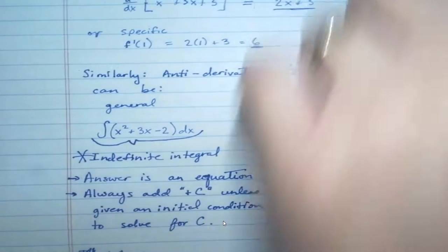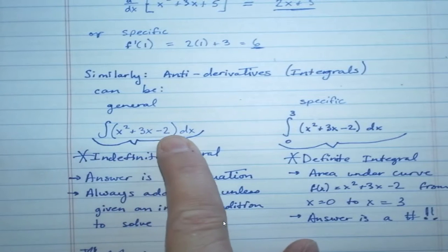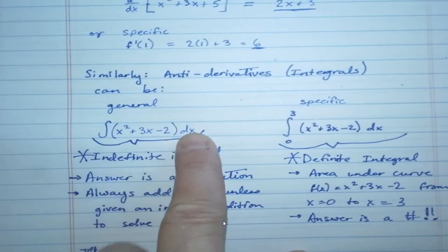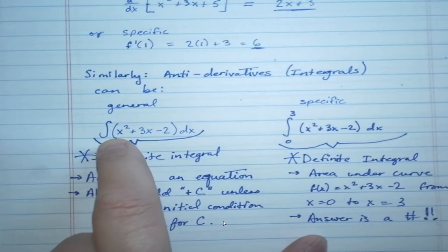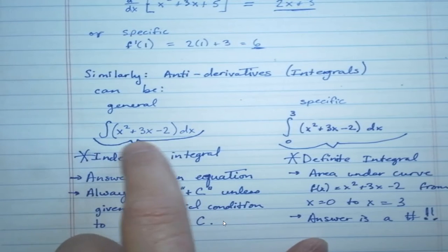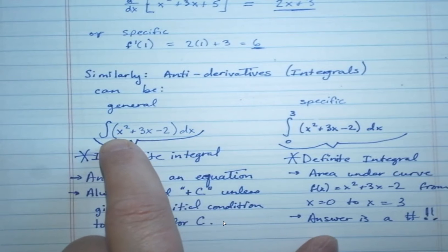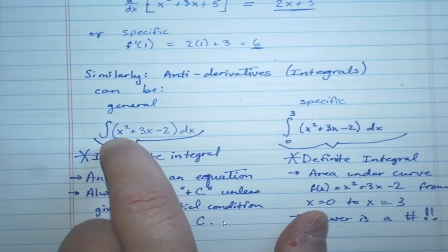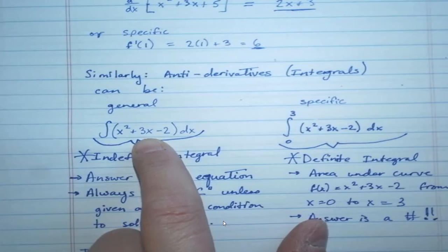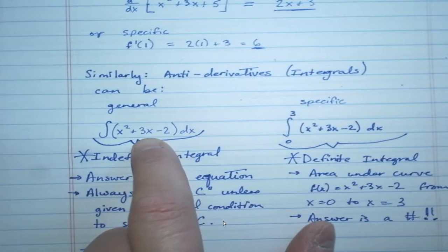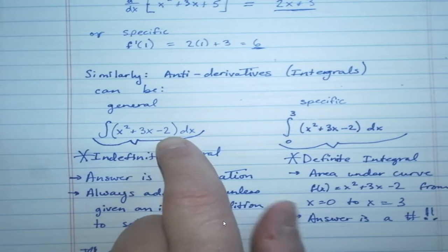So a general integral would be this guy here. Using the power rule, we would break this into 3 separate chunks because the sum rule says we can. The integral of x squared dx would be 1/3 x cubed, okay? The integral of 3x would be 3/2 x squared, and the integral of -2 would be -2x.